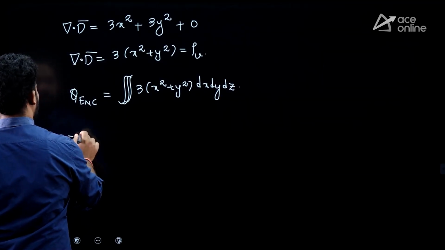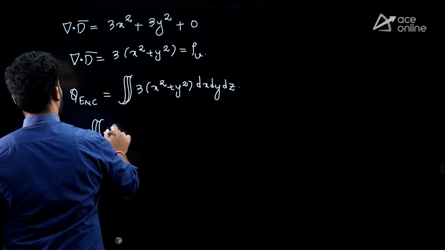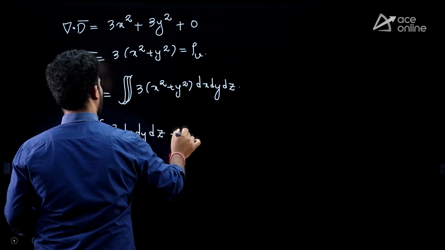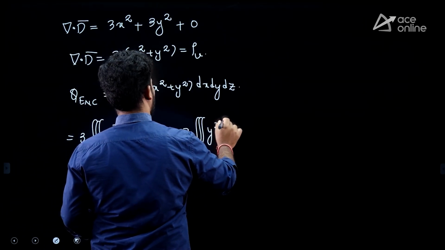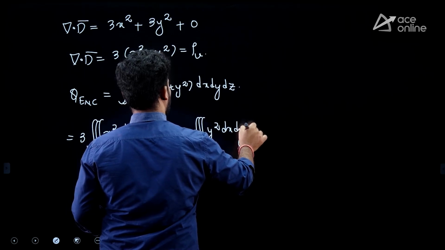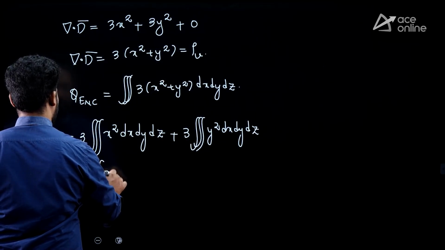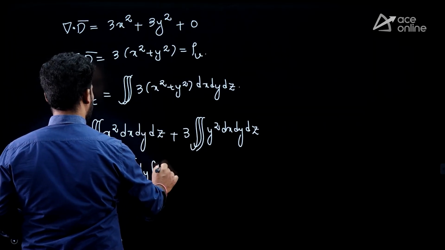Now separate out the variables: x squared dx dy dz.